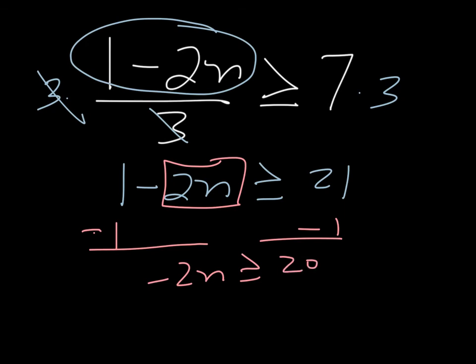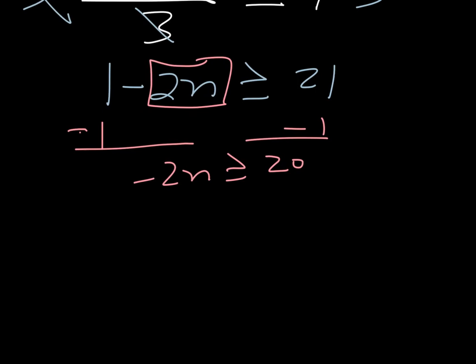Now, I'm going to move this up a little bit. What do you notice about this one? Well, we have negative 2 times n, so we want to divide, not n, we want to divide by negative 2. Now we just explained that whenever you multiply or divide by a negative number, you have to flip the sign. So negative 2 divided by negative 2 is gone.